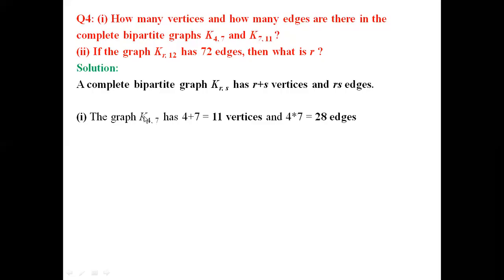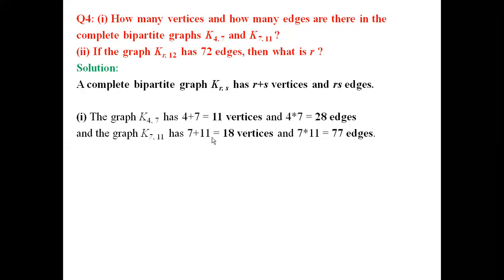So the graph K4,7 has 4 plus 7, that is 11 vertices totally, and 4 into 7, which is 28 edges. Similarly, the graph K7,11 has 7 plus 11, which is 18 vertices, and 7 into 11, which is 77 edges.